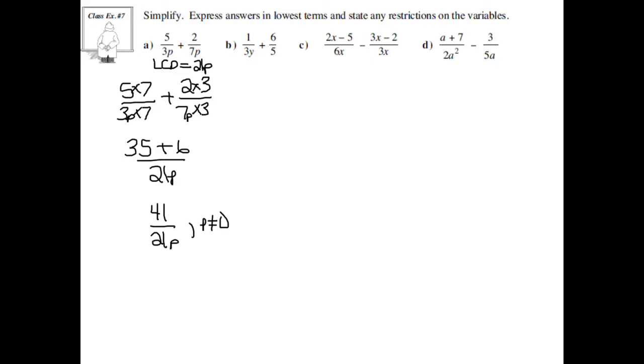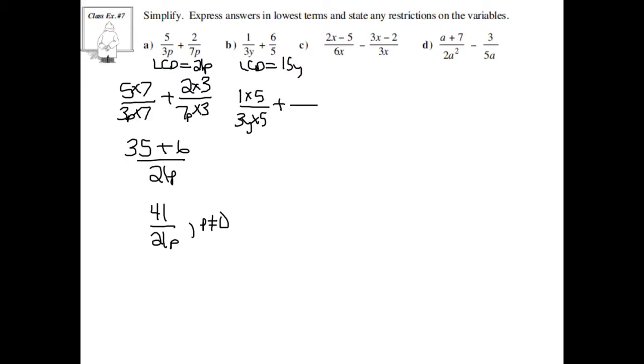With B, my lowest common denominator is 3y times 5, which is going to be 15y. Now, 3y is multiplied by 5 to get 15y, which means that 1 needs to be multiplied by 5 as well.